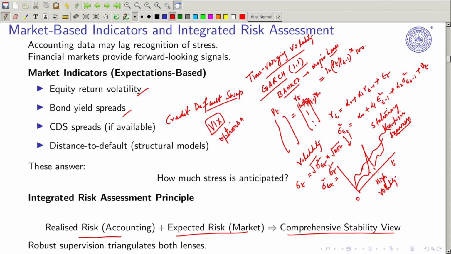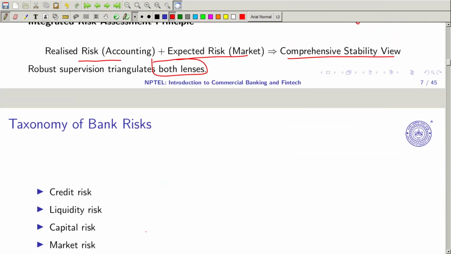This is also a forward looking indicator, a kind of fear index. We can also get a sense of it, and then we can have both accounting and markets. So then we can see whether the comprehensive stability view holds, which means that we'll have to think about all these indicators, only then is it possible, otherwise it will not.